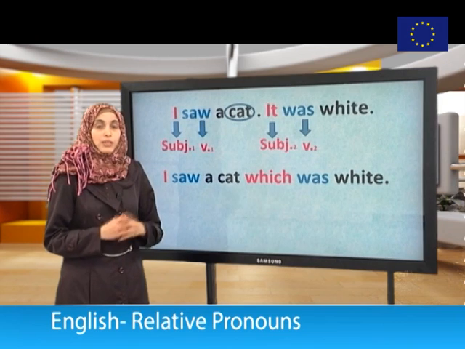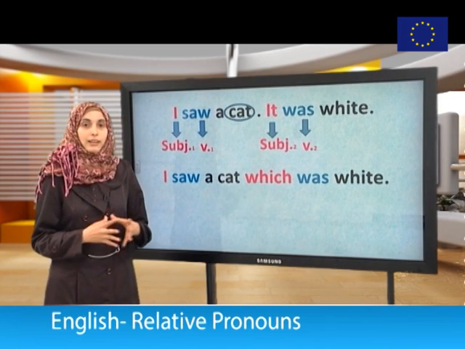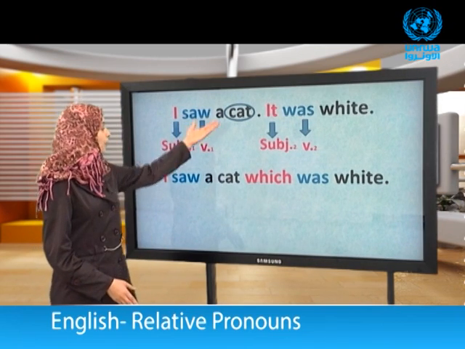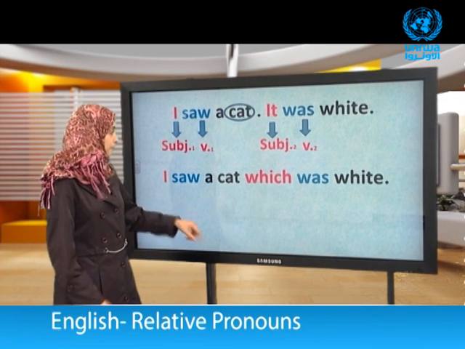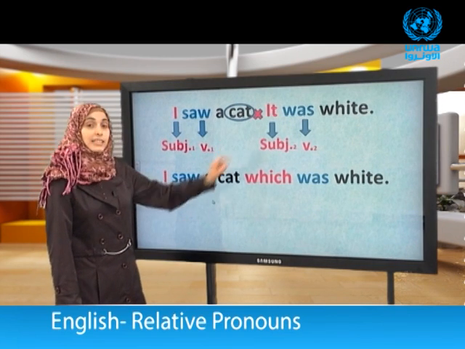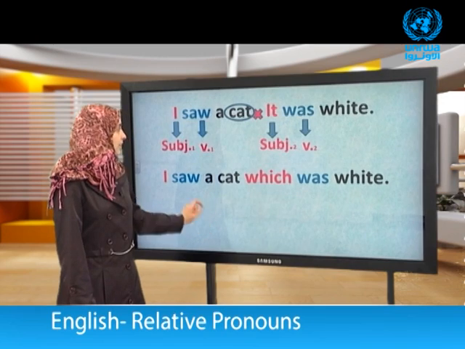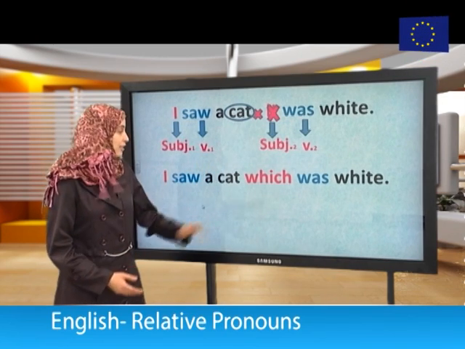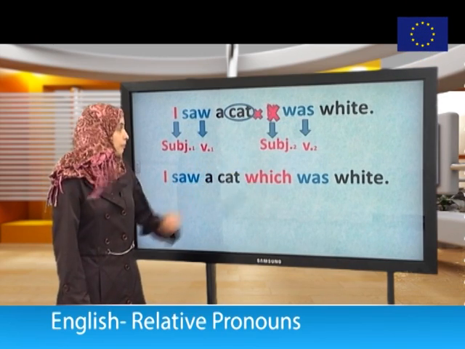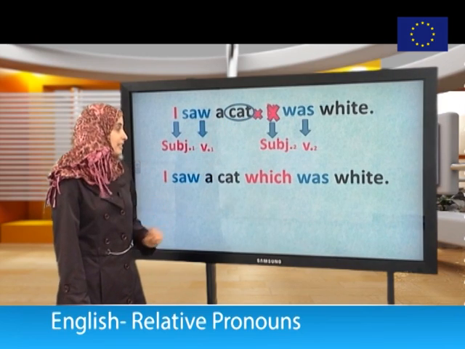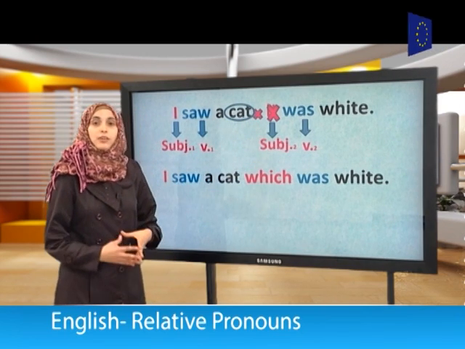Again, what have we done here? Look, I saw a cat remained the same. I deleted the full stop, deleted it, and replaced it with which because it refers to the cat and the rest of the sentence remains the same.